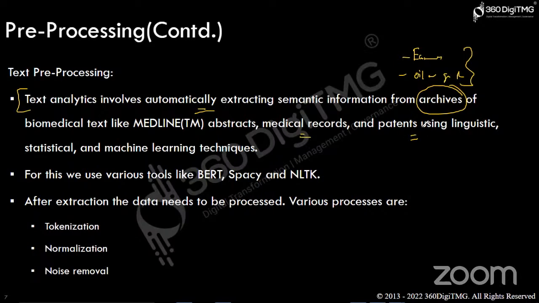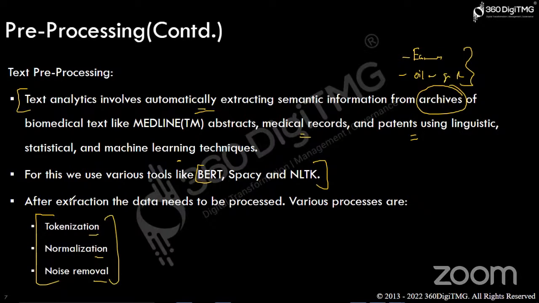So we are trying to look into the text document, and there are many tools that were developed for text processing, like BERT, spaCy, NLTK, etc. What are the different techniques we are going to use? The techniques are tokenization, normalization, and noise removal.